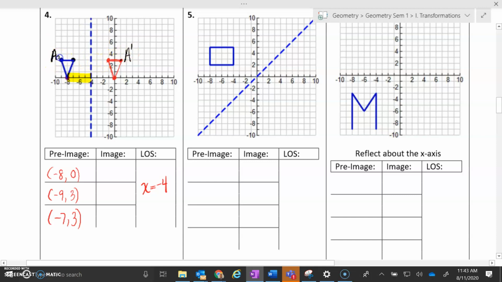If this point right here is A and this one is A prime, could that have been a translation, or does that one have to be a reflection? That one has to be a reflection, right?